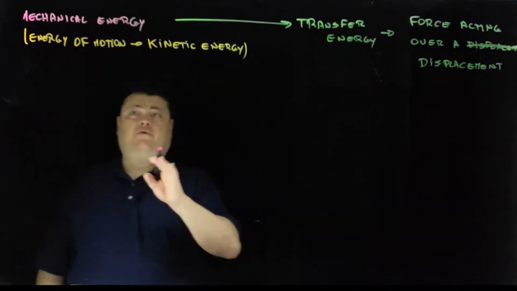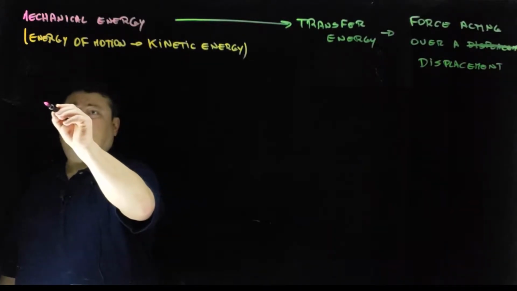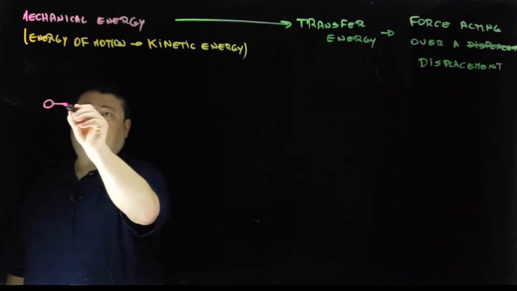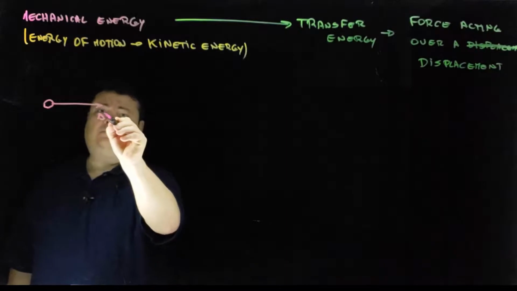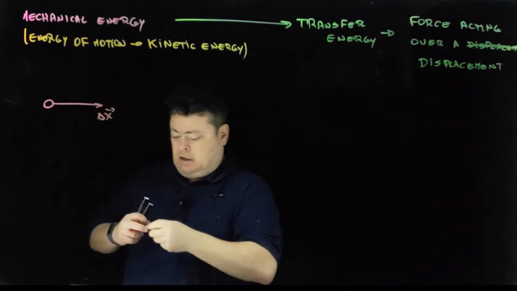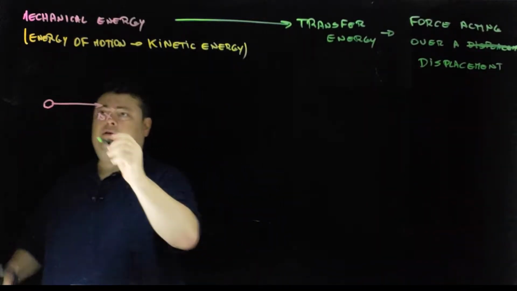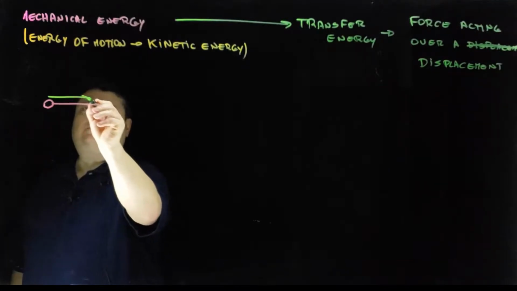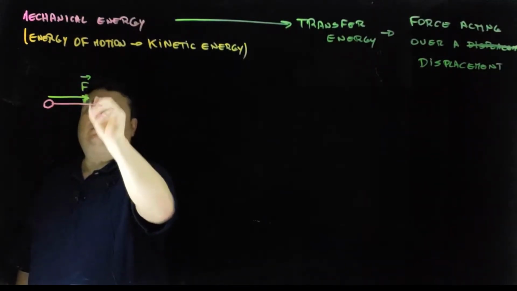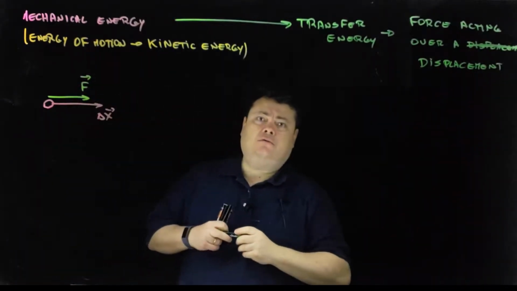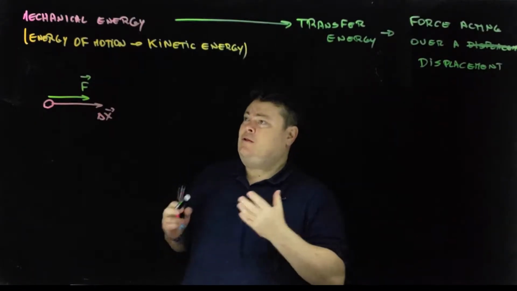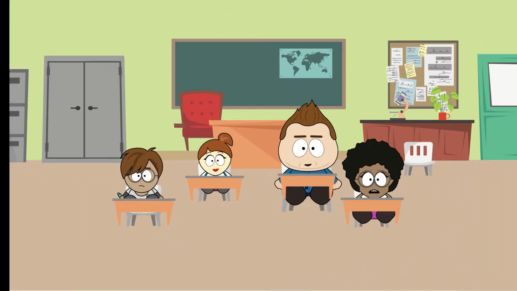We can have the following situation. Here's an object displacing this way, and let's say that the applied force is in the same direction of motion. What is happening here? Since the force is in the same direction of the velocity, the object is speeding up.